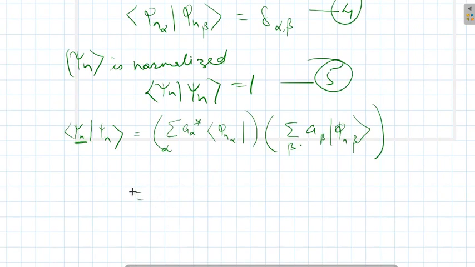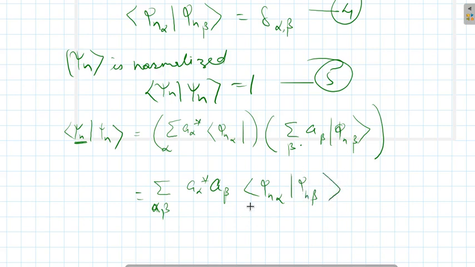So it simplifies to a summation over alpha beta, A alpha star A beta, and it is phi n alpha phi n beta, right?